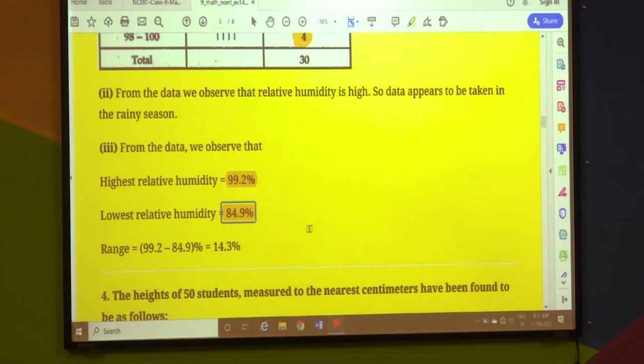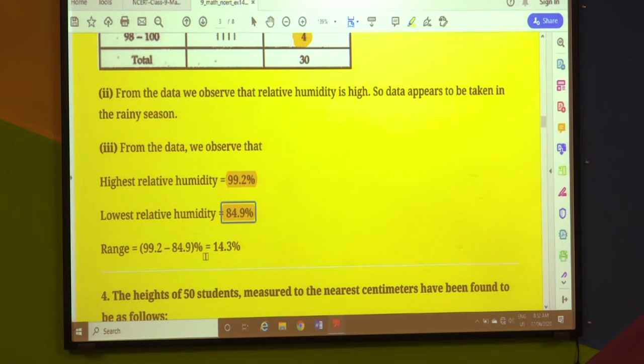Range is the difference between the highest value and the lowest value, as explained in our previous session. So 99.2 minus 84.9 is 14.3. Since the data is recorded in percentage, it is not only 14.3, it is 14.3%.